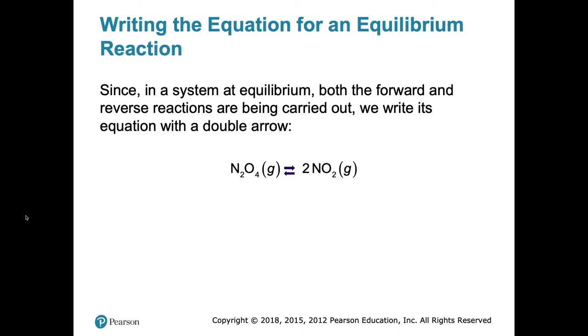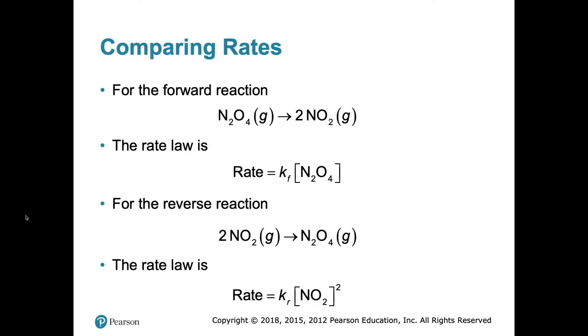So let's take a closer look at the reaction that is the decomposition of dinitrogen tetroxide gas into nitrogen dioxide gas. You remember this already from the last chapter. We've got the rate, but before it was just the rate constant, and everything was going in the forward reaction and becoming products.